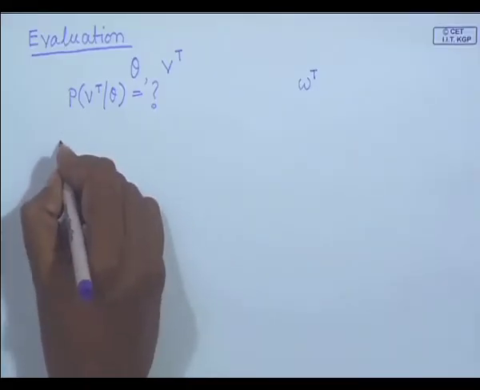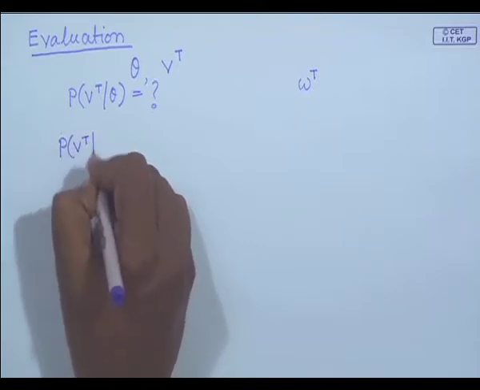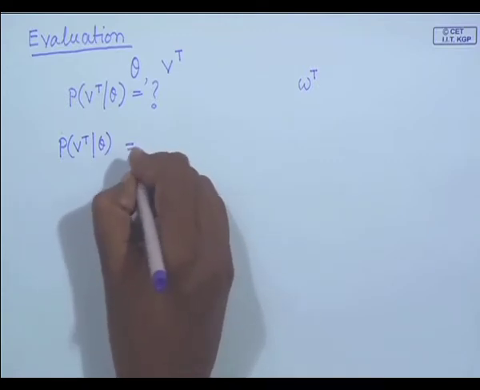So, in a crude form, this P(V^T | theta) can be estimated as follows.